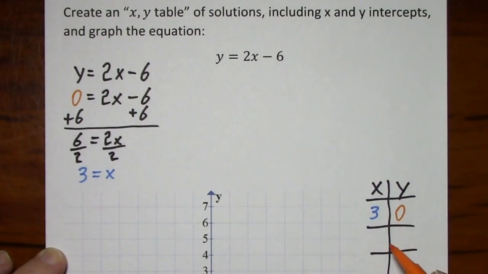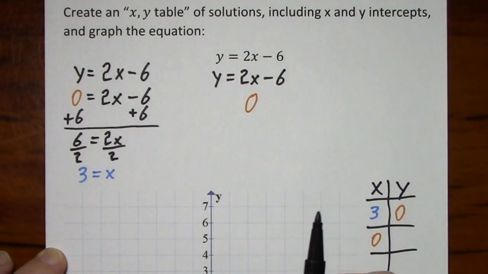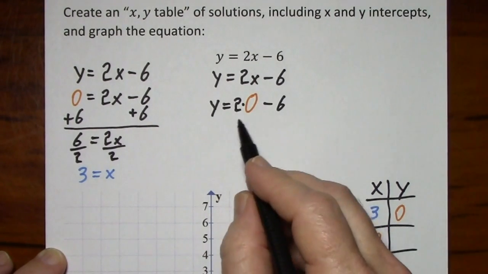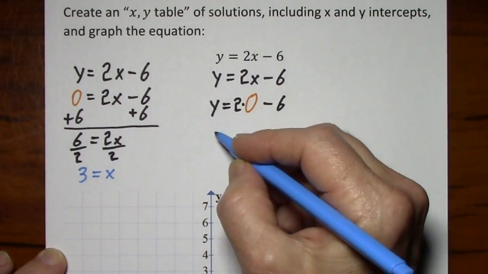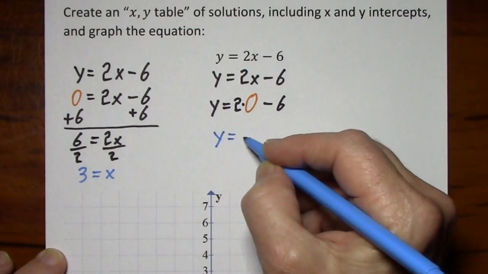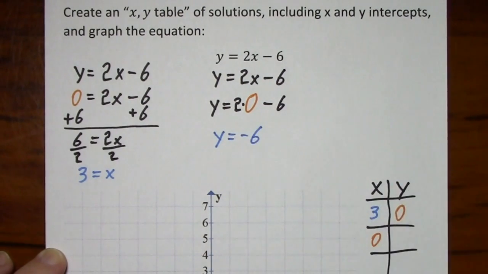Now we'll find the y-intercept when x is 0. Obviously that's 0, so we're left with y equals negative 6. Put that in the chart.